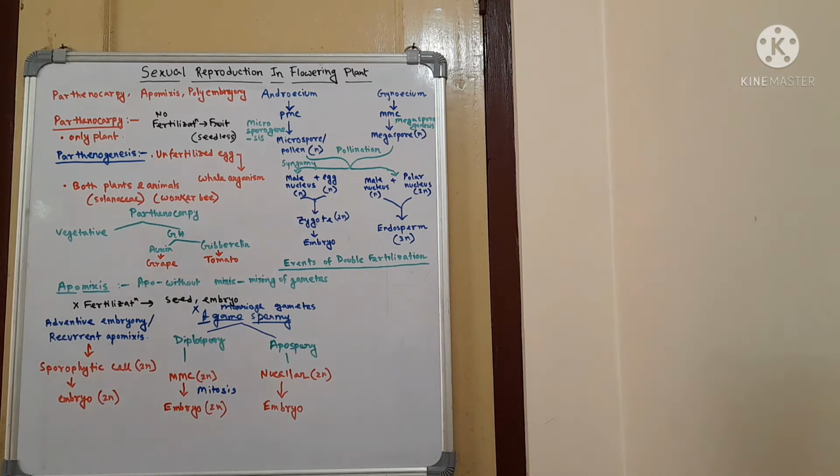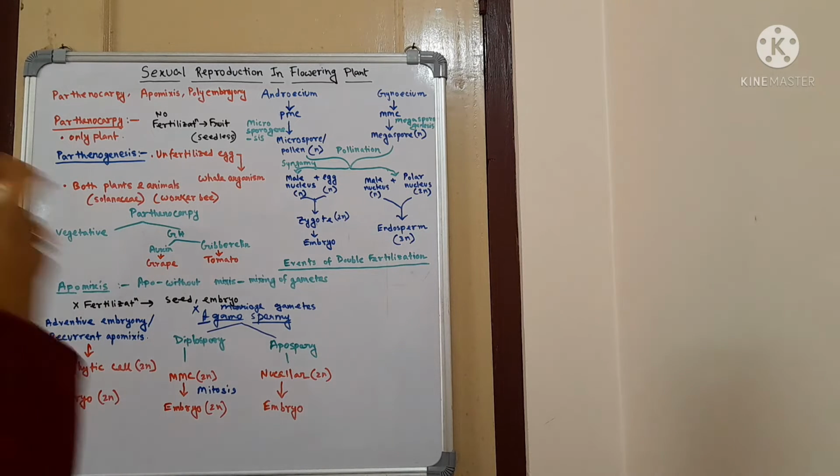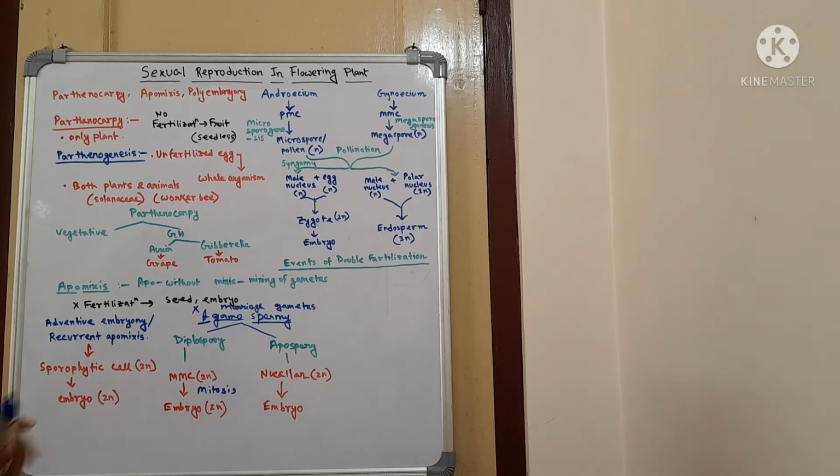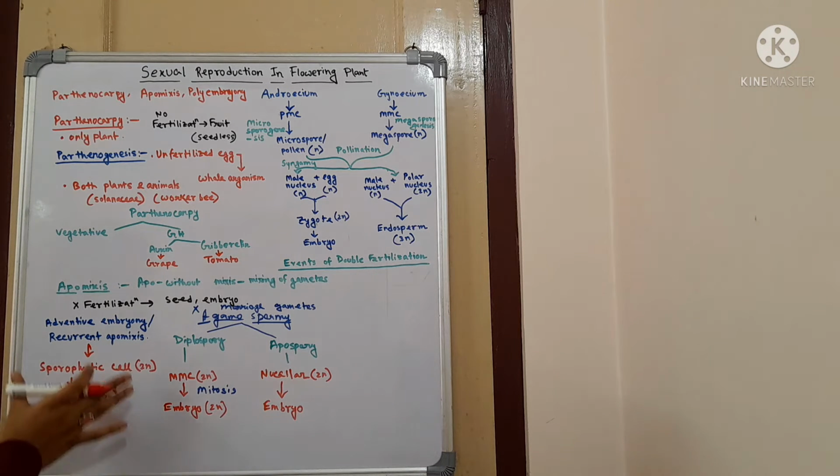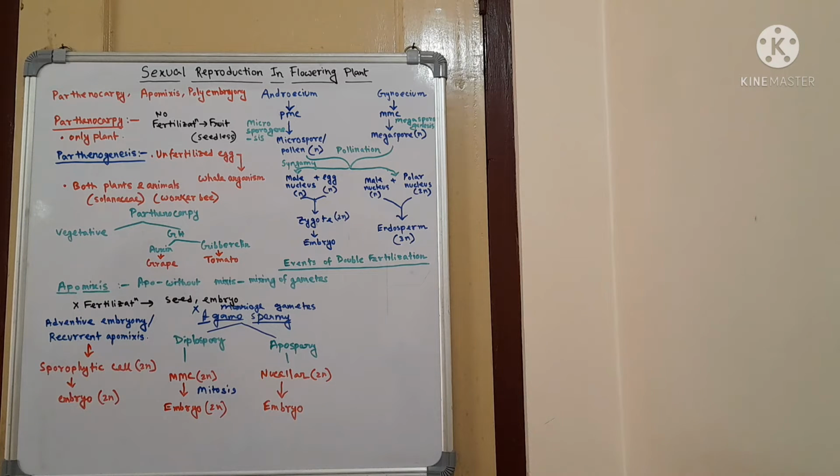Sporophytic cells means any cells other than the embryo sac cells, other than the egg cell. When the sporophytic cell is directly converted into an embryo, that event is considered as adventive embryony or recurrent apomixis. So these are basically the two types of apomixis which are found.